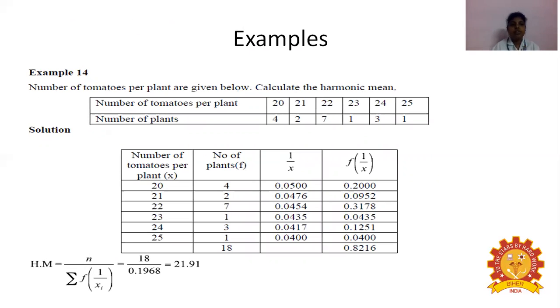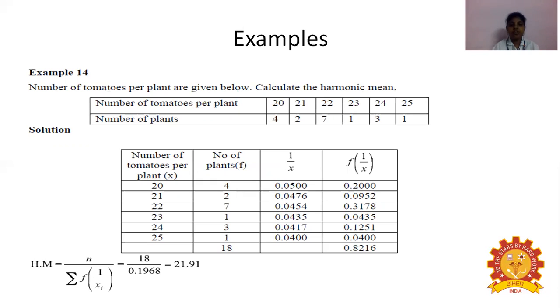Next example, number of tomatoes per plant are given below. Calculate the harmonic mean. Number of tomatoes per plant: 20, 21, 22, 23, 24, 25. Number of plants: 4, 2, 7, 1, 3, 1.